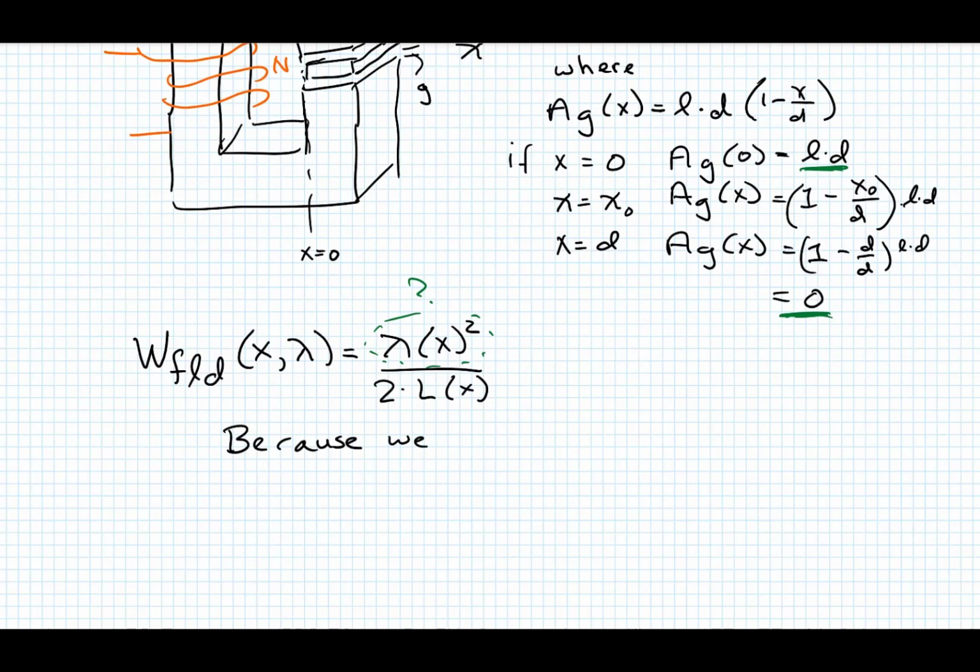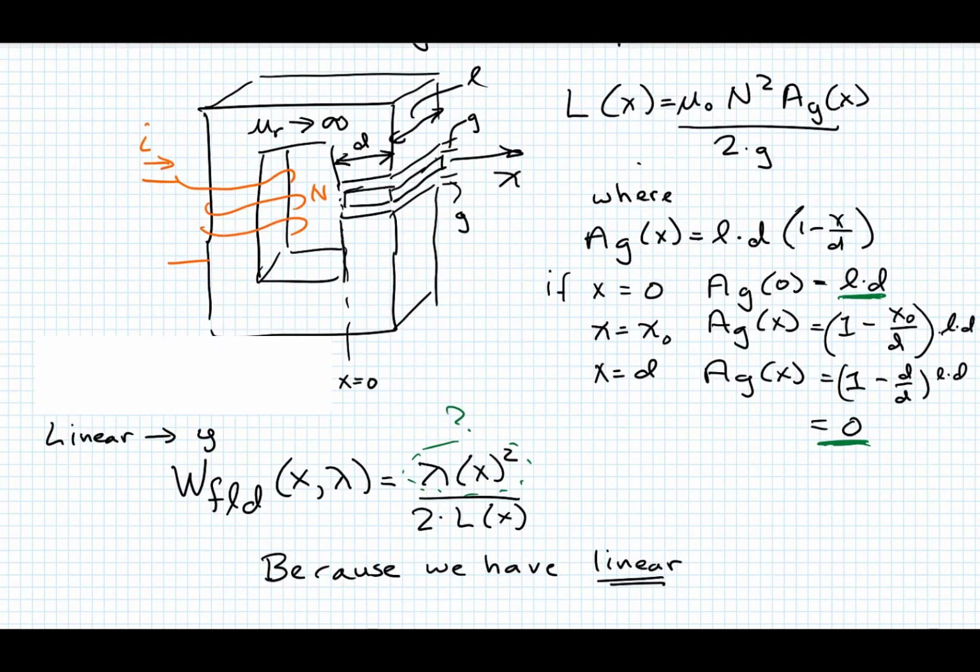Because we have a linear system, y equals mx plus b, there aren't any cosines or sines or logarithms or e to the x's or anything like that. Essentially, what is a linear system? A linear system looks like a straight line.